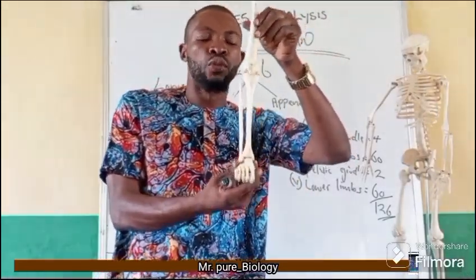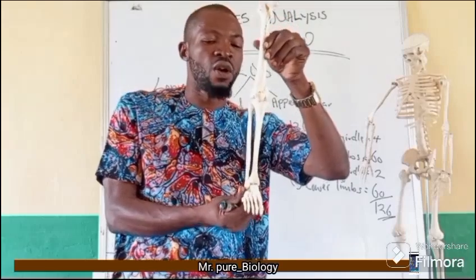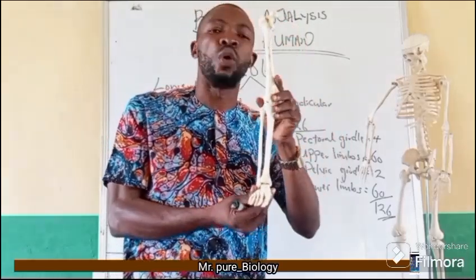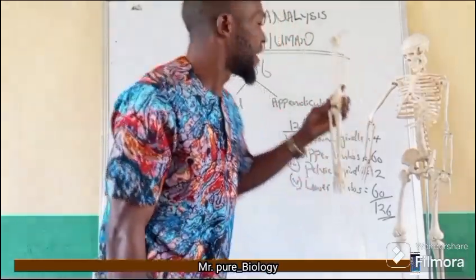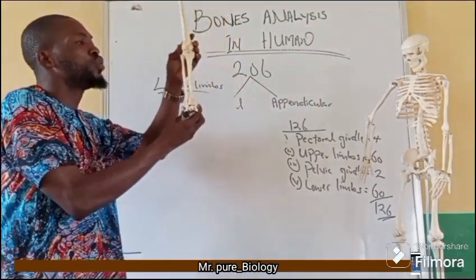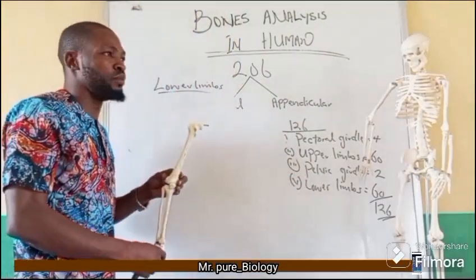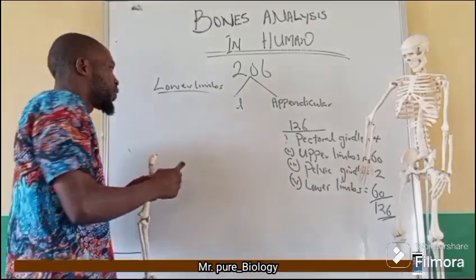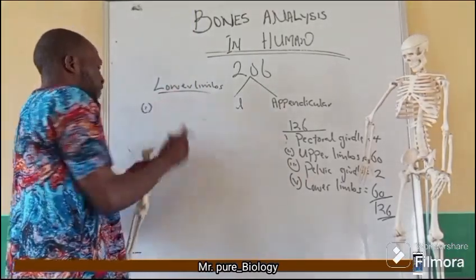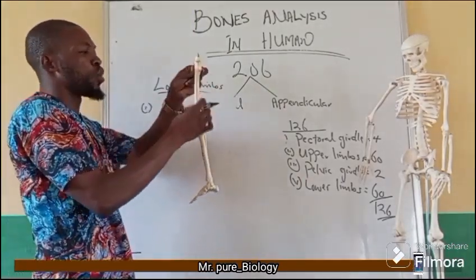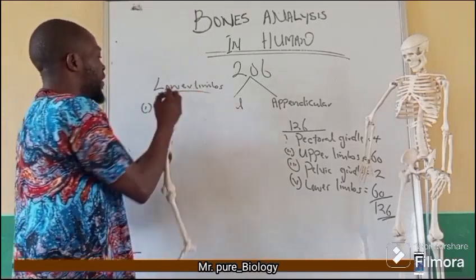That is what we call the lower limb, or lower extremity, or hind limb. As you can see here, in this single lower limb, there are 30 bones. The other one also has 30 bones. Let's now analyze each of these. Number one, the first bone to reckon with is the femur.